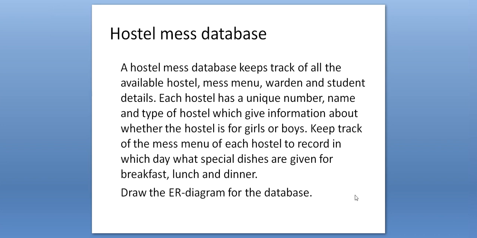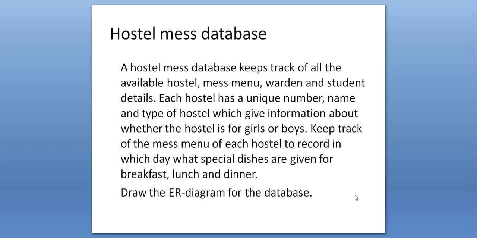Okay, so from the first sentence we can see that hostel mess database is the database. So hostel is going to be the first entity type. We have identified the first entity type as hostel. The second entity type will be the mess menu. And then we have another entity type, that is warden, and the last entity type, that is the student.